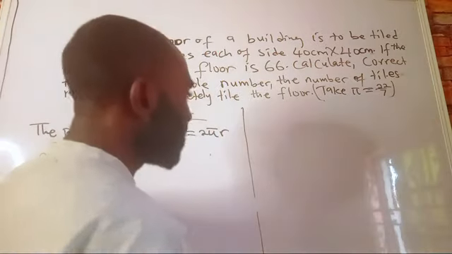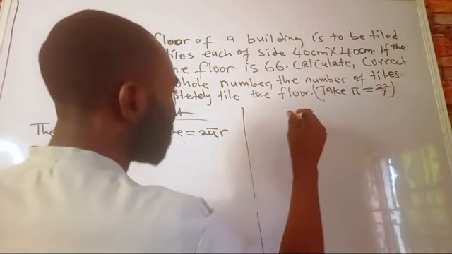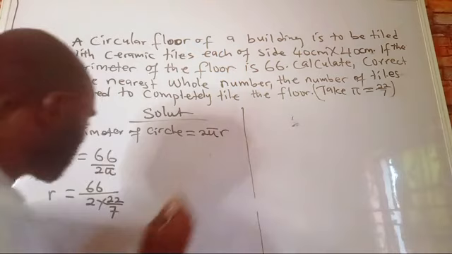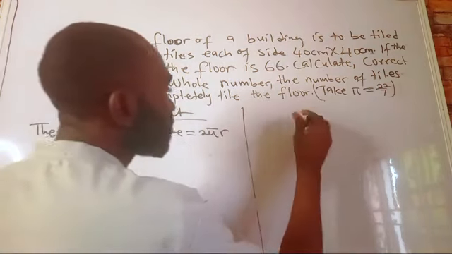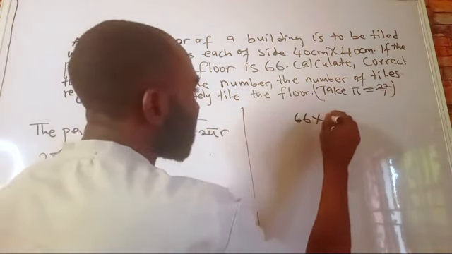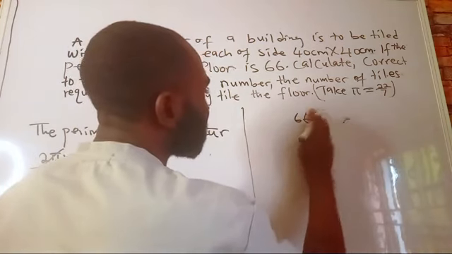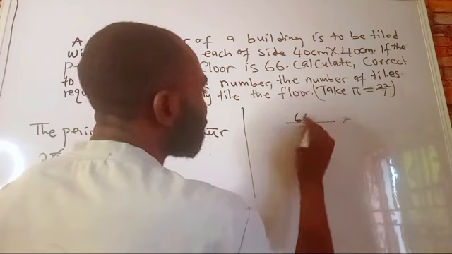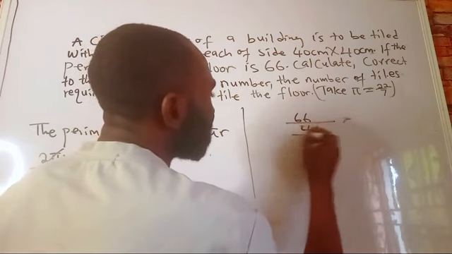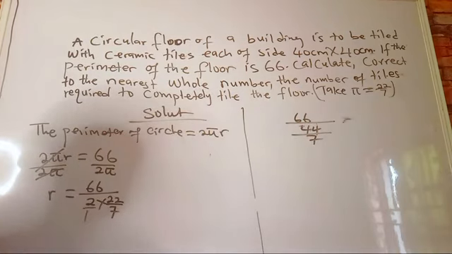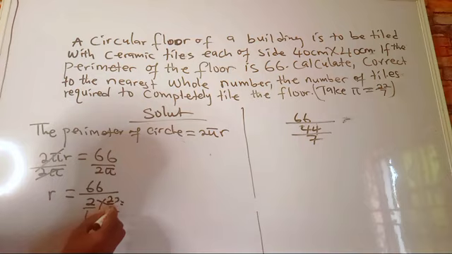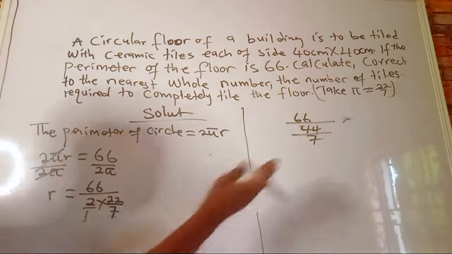This is the same thing as 66 over 44 over 7, because 2 times 22 gives us 44 and the denominator 1 times 7 gives us 7.